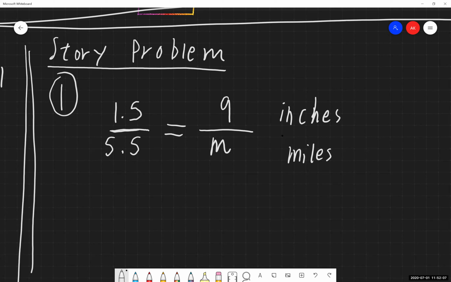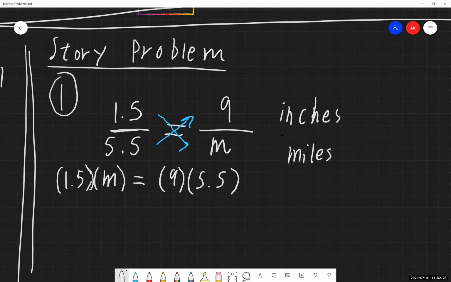So now I have this thing set up, and I can cross multiply, get to the answer. So 1.5 times M is equal to 9 times 5.5.